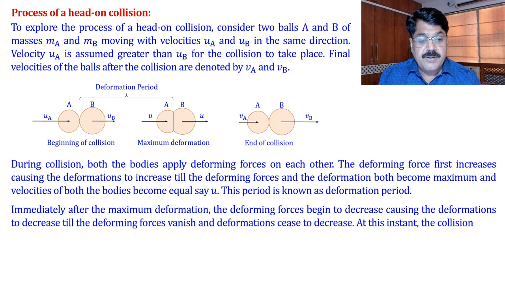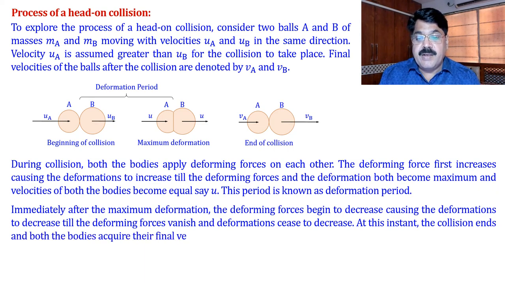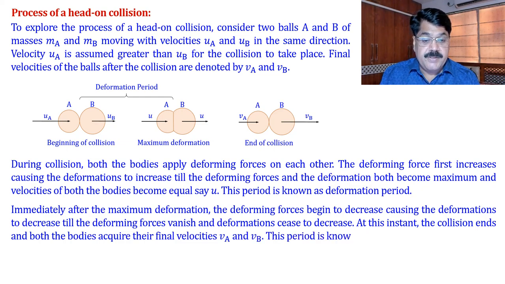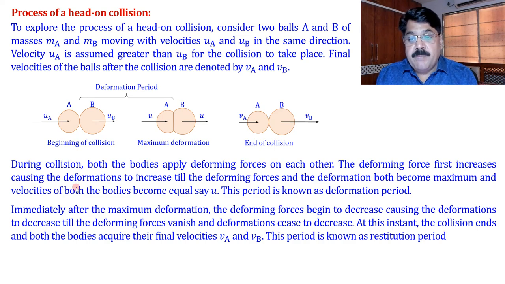At this instant, the collision ends and both the bodies acquire their final velocities, VA and VB. This period is known as restitution period. So from the instant of maximum deformation to the instant of end of collision, or end of interaction between the bodies, the period is called restitution period.